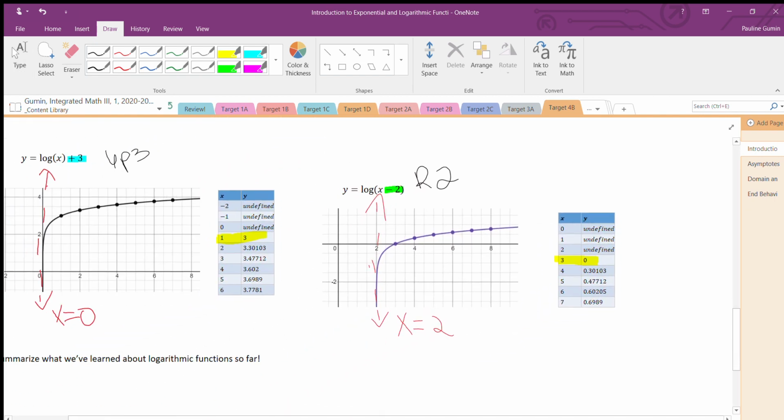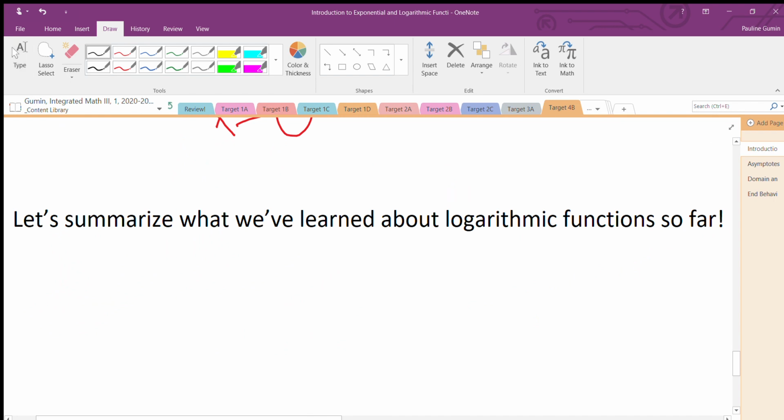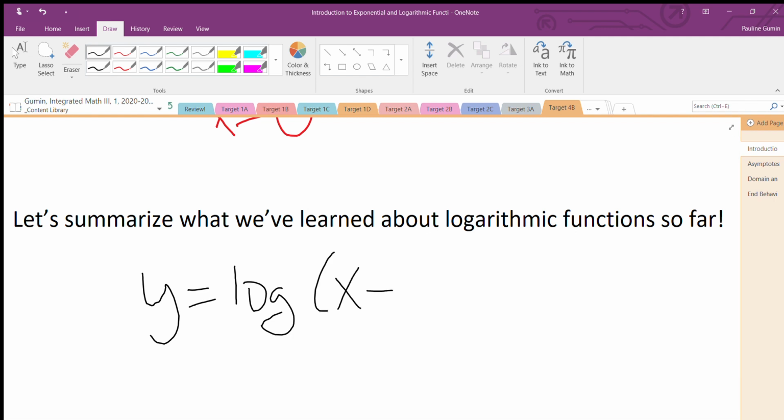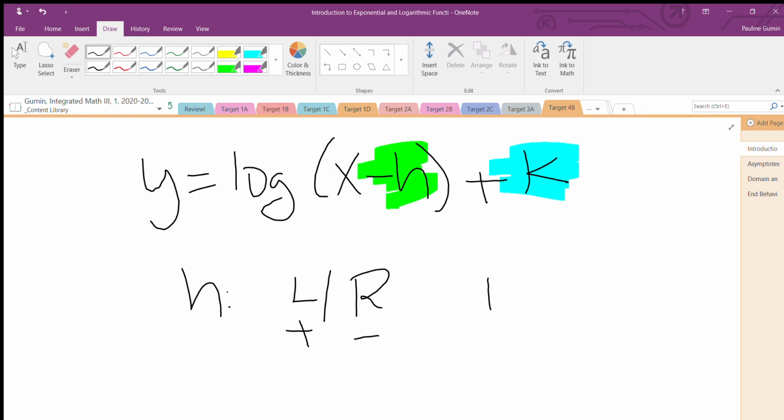Let's put that all together in an equation. y equals log of x minus h plus k. Just like before, h is about left and right, and it's still addition for left, subtraction for right. k is still up and down.